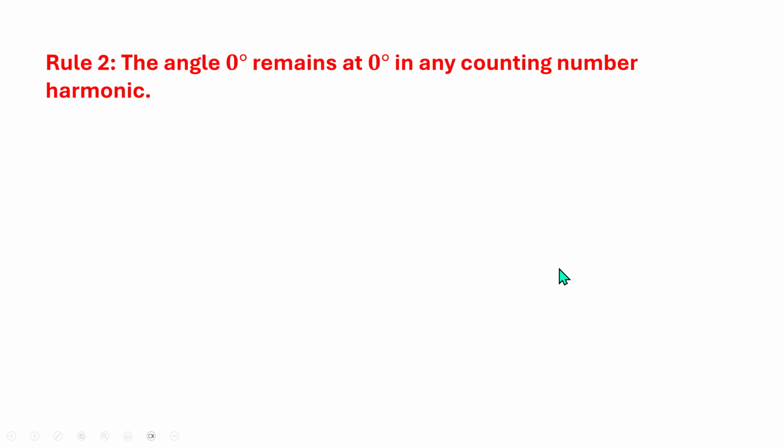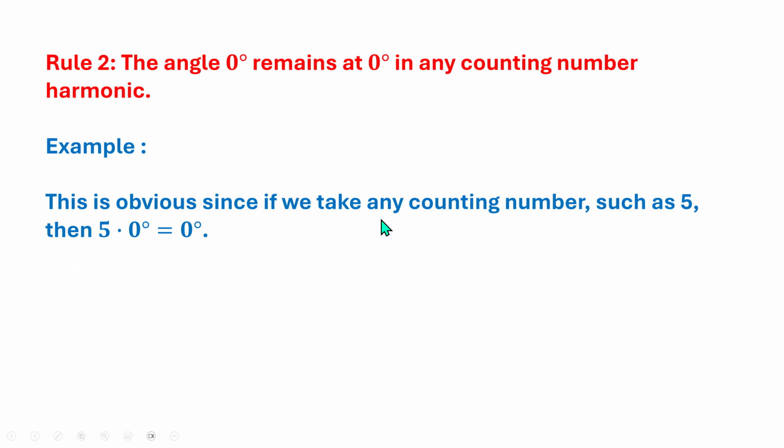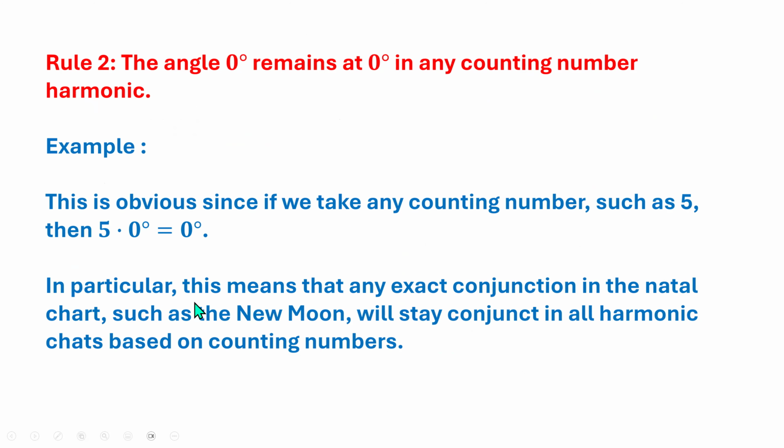Okay. Rule 2, the angle 0 degrees remains at 0 degrees in any counting number harmonic. That's going to be obvious, because if you want to, for example, find the 5 harmonic of 0 degrees, you just have 5 times 0 degrees. That gives you back 0 degrees. Nothing changes. But in particular, what this means is that any exact conjunction in the natal chart, such as the new moon, will stay conjunct in all harmonic charts based on counting numbers.